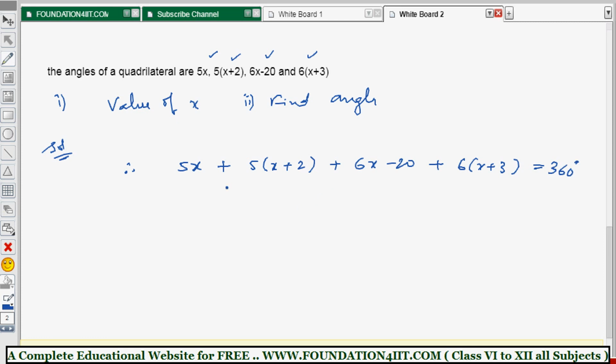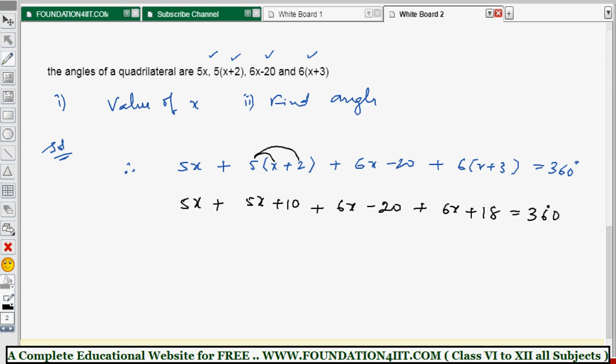Then if you simplify this, you'll get the angles. 5x plus 5 into x is 5x, plus 5 into 2 is 10. So you should multiply like this individually. Plus 6x minus 20 plus 6x plus 6 into 3 is 18, equal to 360 degrees.